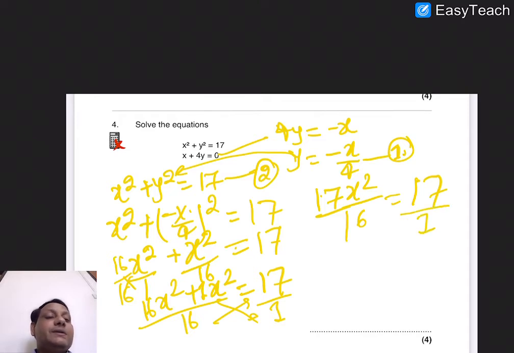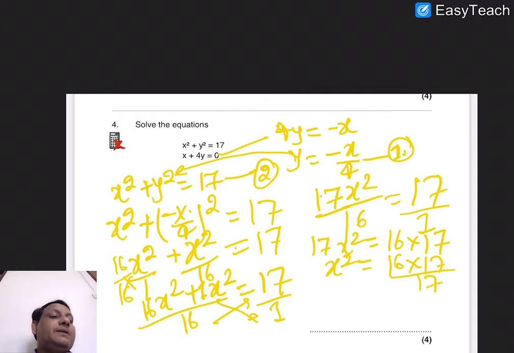So we are getting 17 x square is equal to 16 times 17, right? So x square is equal to 16 times 17 divided by 17.